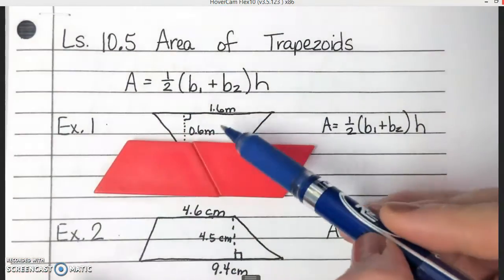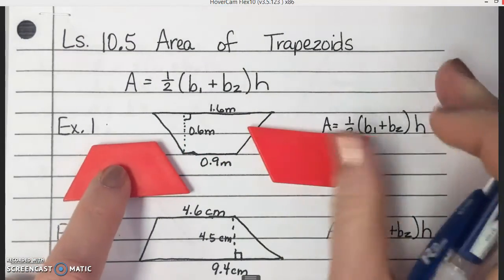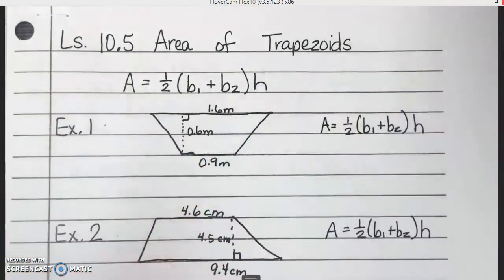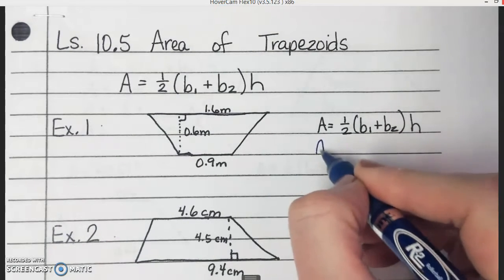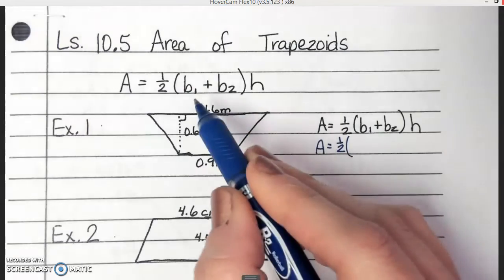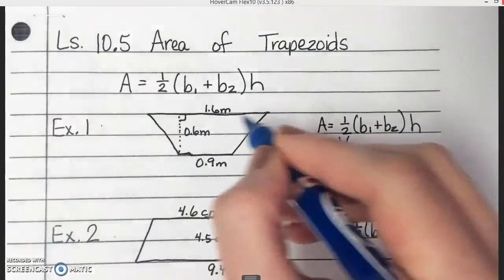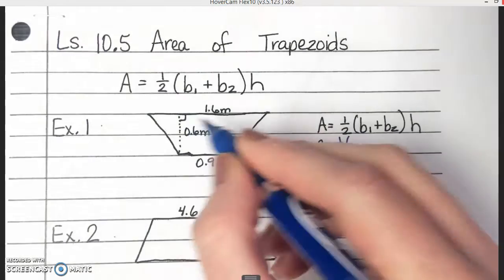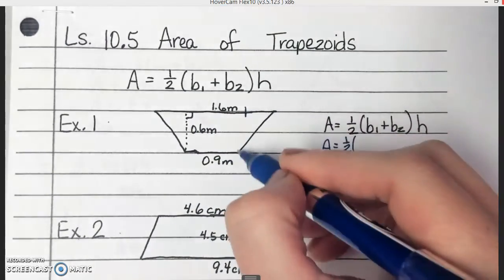Which means one of the bases would be what was on top here, and the other base would be this one. Does that make sense? Kind of. So to find the area, I'd say area equals half. And it really doesn't matter which one you put for base 1 or which one you put for base 2, but it's going to be those parallel lines.